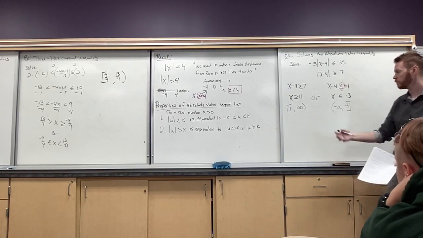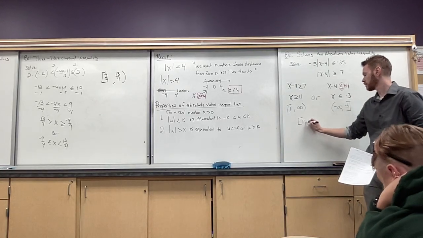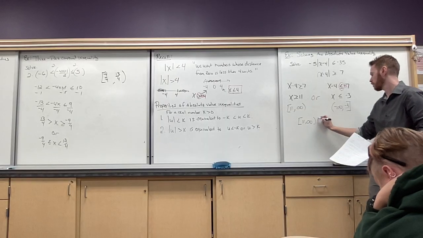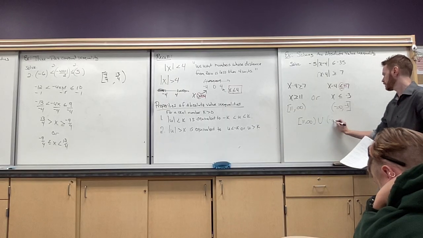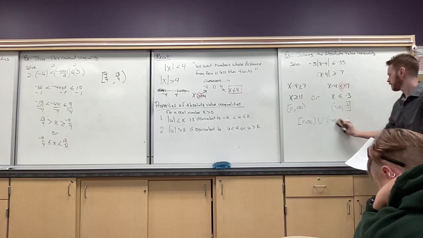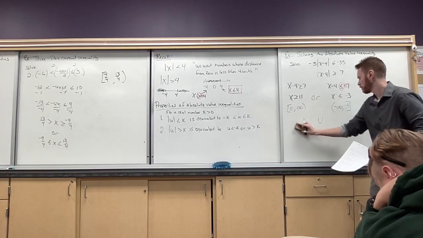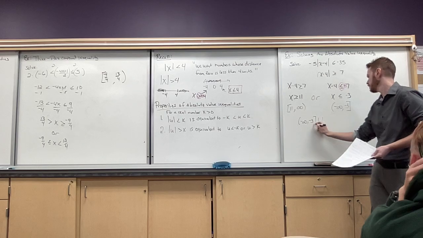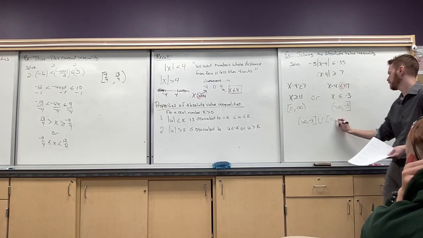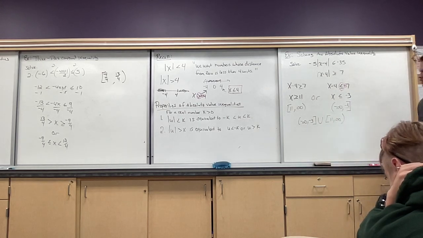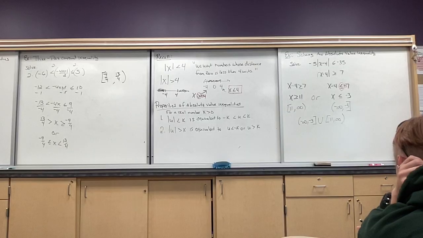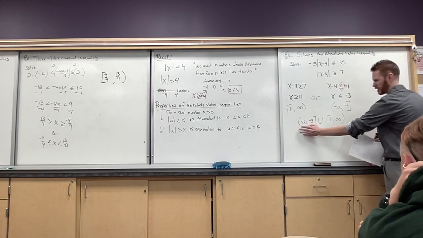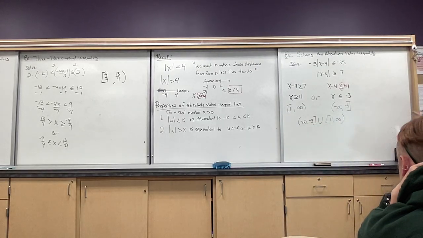So I'm going to use the U for a union. So here we go. I'm just going to rewrite it here. Union with negative infinity. Oh, I did that backwards. Negative first. So negative infinity, negative 3, union with 11 infinity. When you do interval notation, the order matters. The negatives are going to come first before the positives there. If you flip-flop it, it doesn't quite work out too well there.